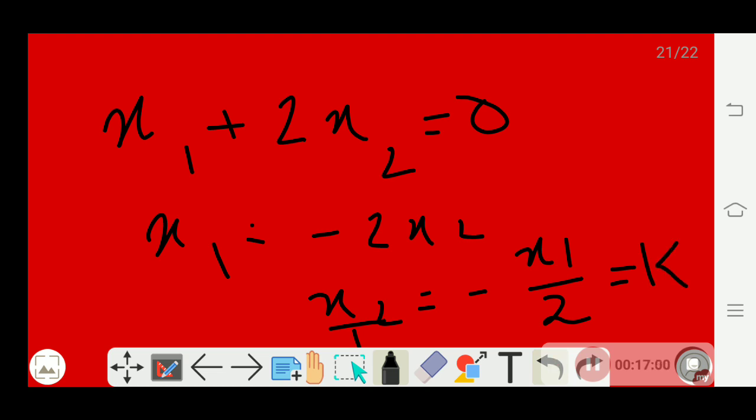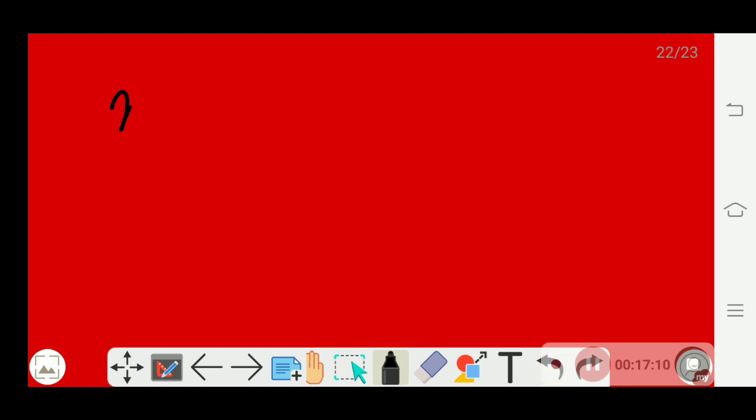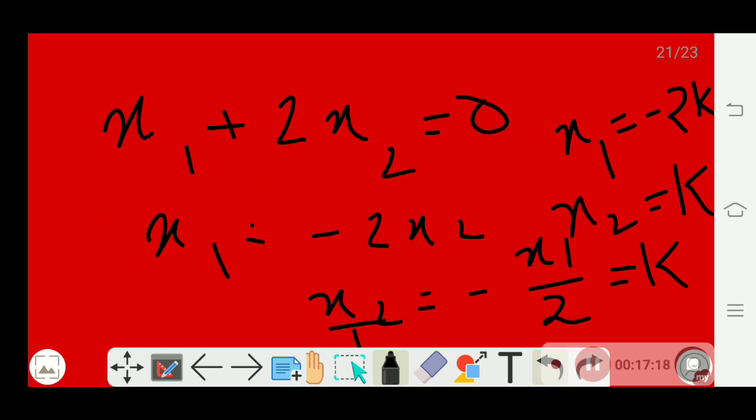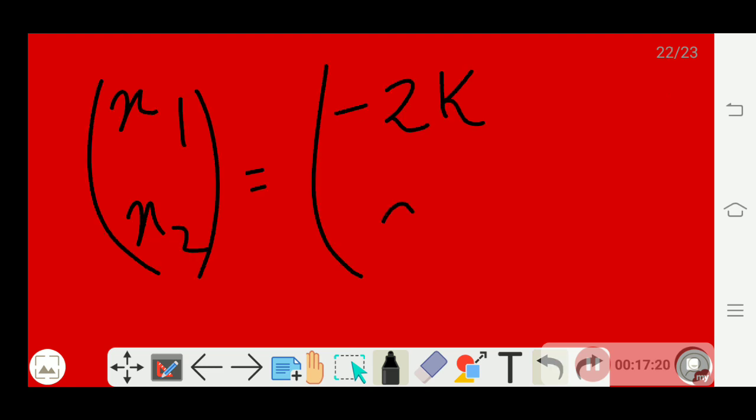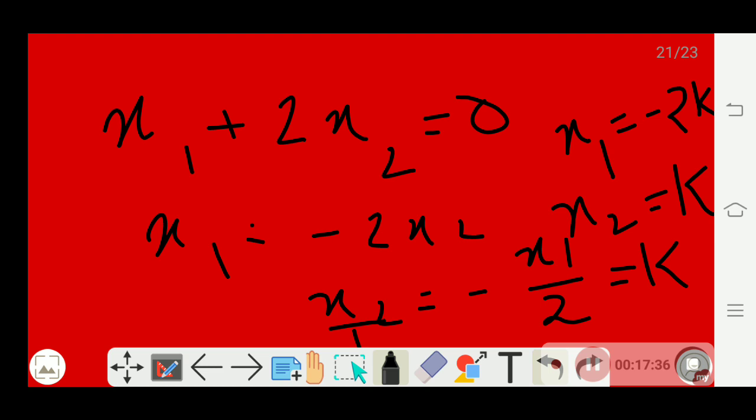So we get x1 is equal to minus 2k and x2 is equal to k. So this is the answer.